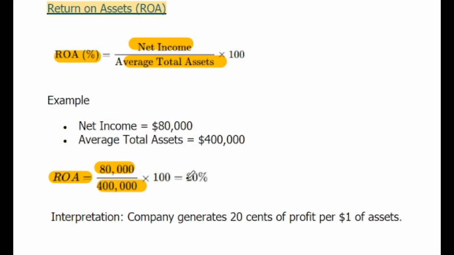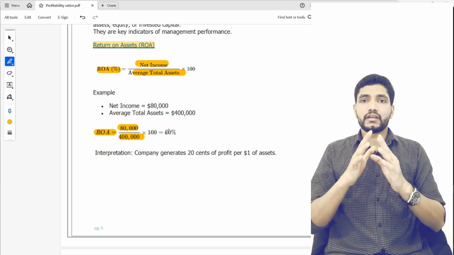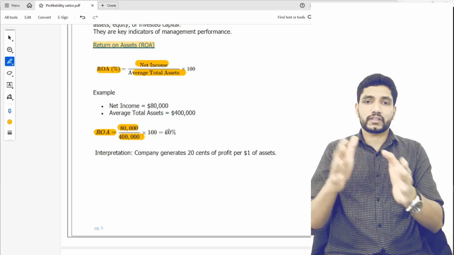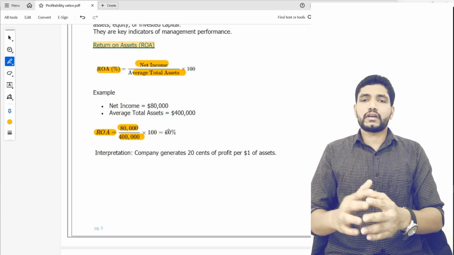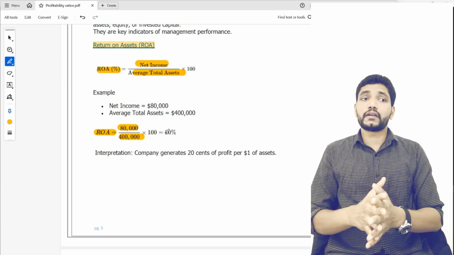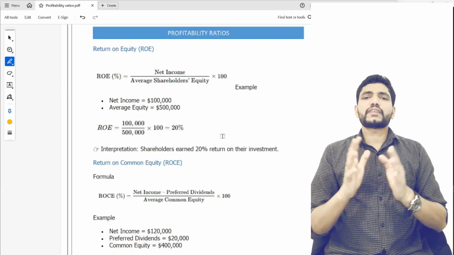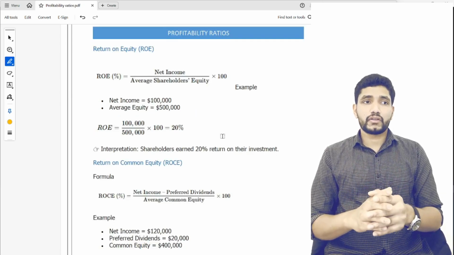Let's assume if this company has $1 in asset investment, it is generating 20 cents as net profit. This return on assets is especially useful when we are comparing two companies or analyzing the trend over time. Normally, a higher return on assets is preferred because it indicates effective utilization of assets. So the next ratio is return on equity.